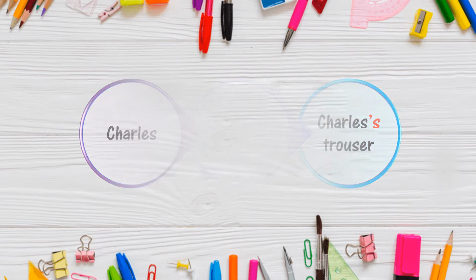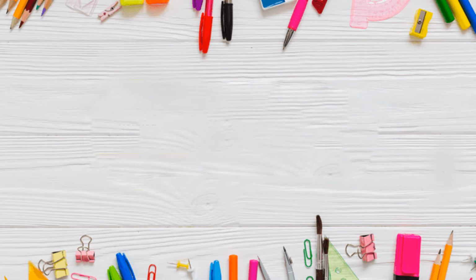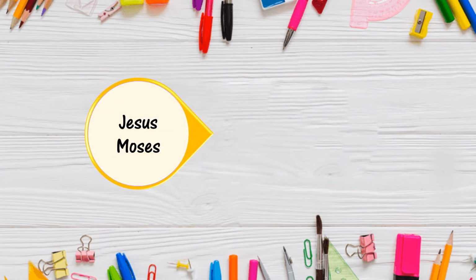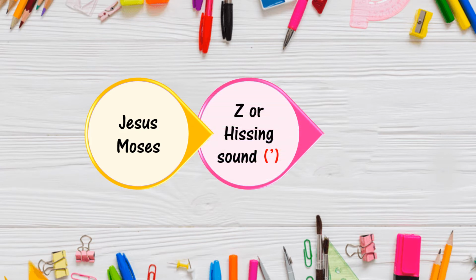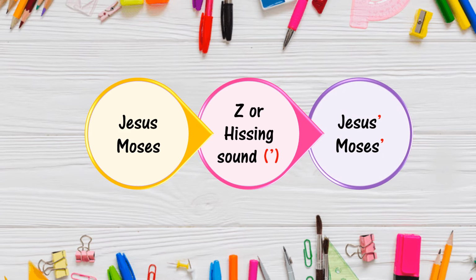You may find certain names such as Jesus, Moses, whose pronunciation ends in a Z or a hissing sound. Then you will add only an apostrophe, children, not S. So it will be Jesus' and Moses'. Keep this in mind, children. I hope you have understood till here.